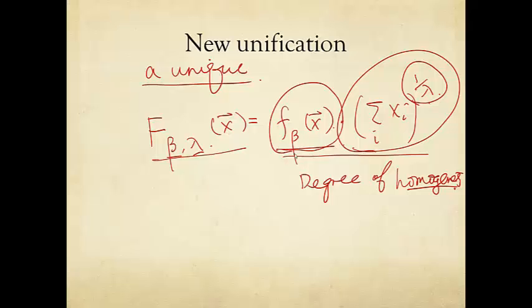But I want to highlight, actually this is derived just from the 4 axioms. Okay. So now we have this function that incorporates both fairness, whose shape is parameterized by beta, and efficiency, whose relative weight with respect to fairness is 1 over lambda. And we know this is the only family of functions that can satisfy those 4 axioms.